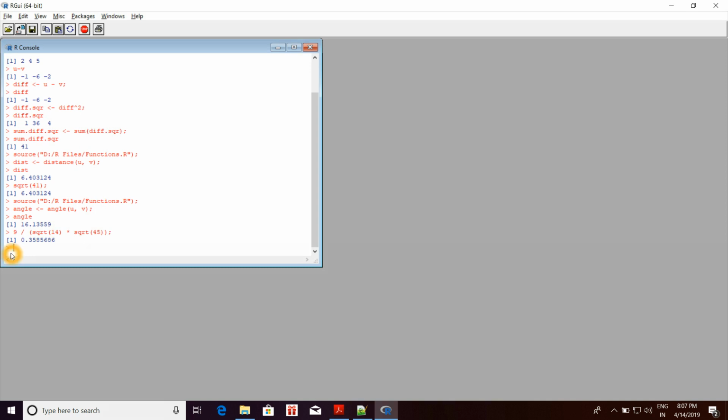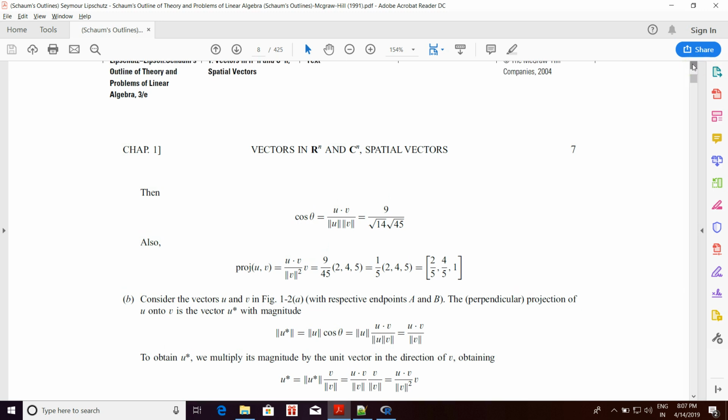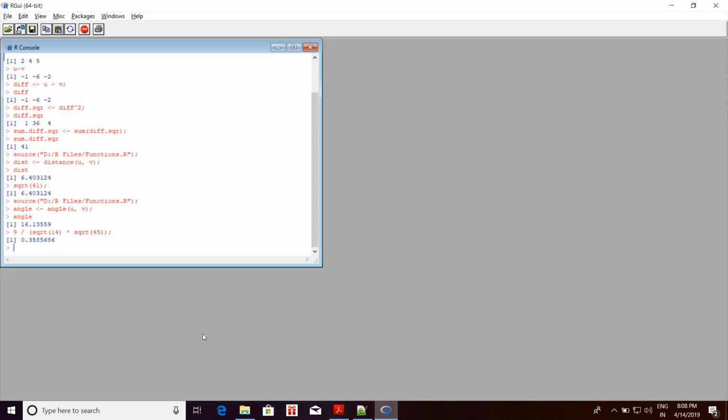So 0.35, 9 by 0.35. So this is root 14, root 45, u dot v. So u dot v equals to sum of u into v.